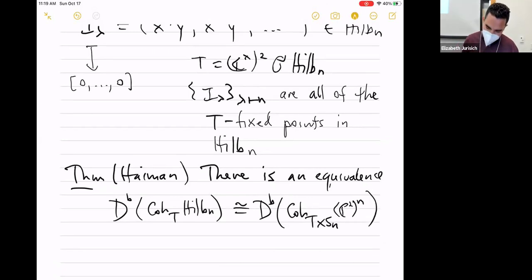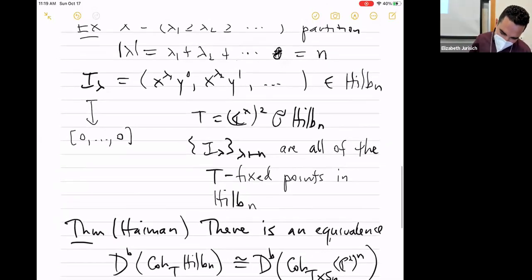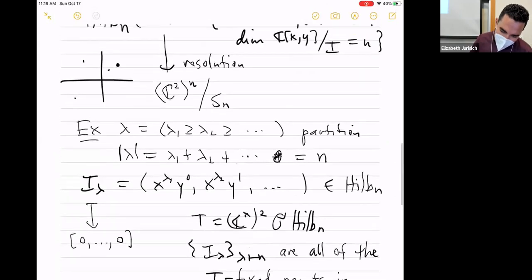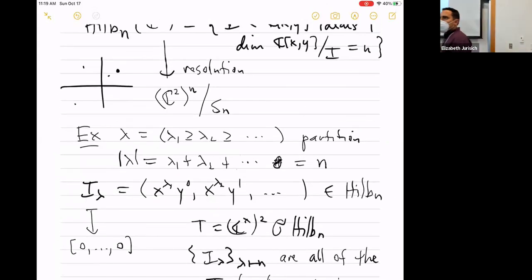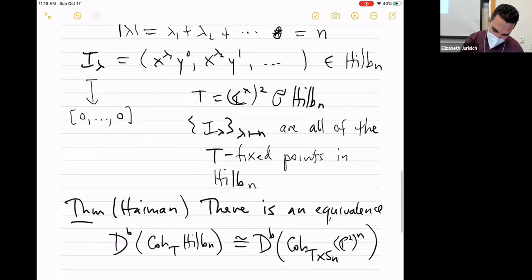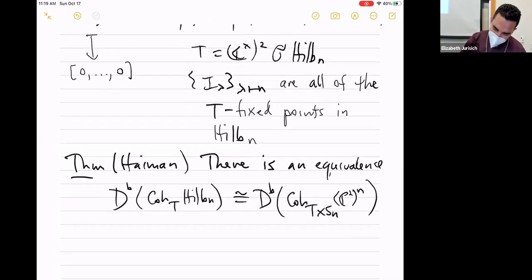Okay, so what you're doing is you're taking into account this torus action and this quotienting by S_n in two different ways. On the one hand, you're using this resolution of the quotient. On the other hand, you're considering objects on the original space, C^2n, which have additional equivariance.